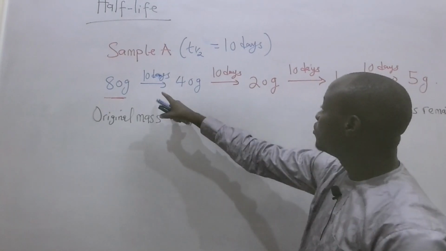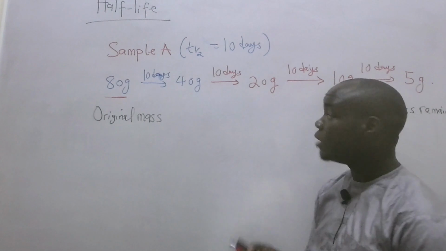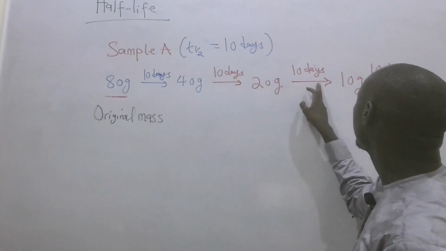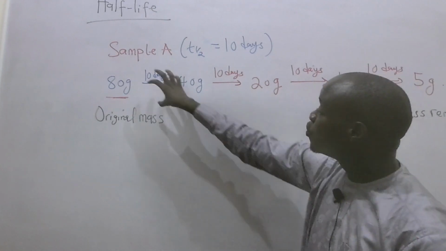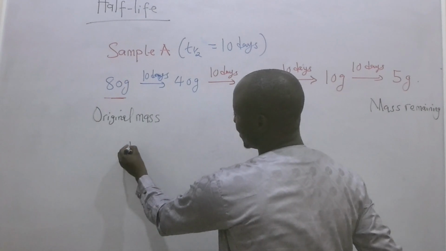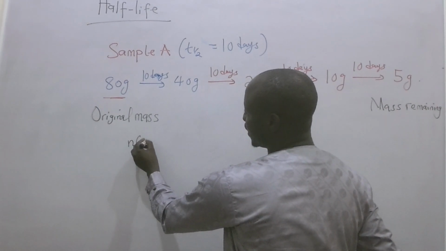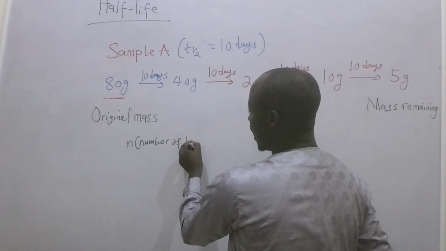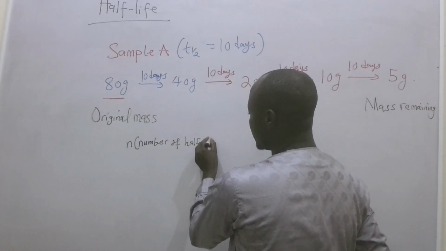So now we can calculate the number of half-lives. First, we have 1 here, 2 here, 3 here, 4. So this is what we call N, written as N, and this N represents the number of half-lives.